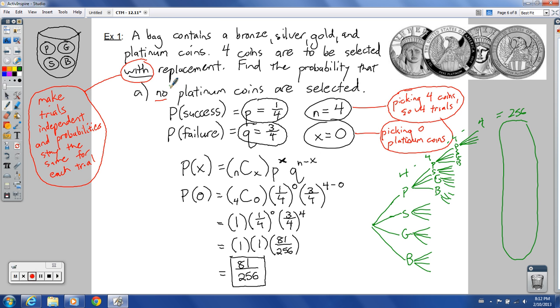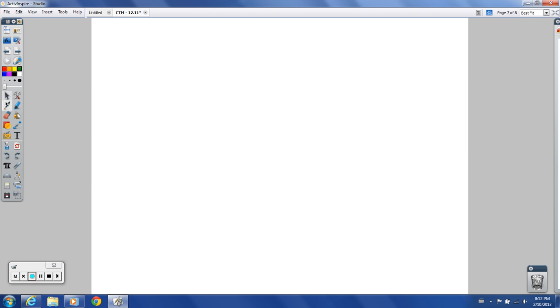And then if you had to do this for 1 coin, which is what we're about to do, then you'd have to look how many have exactly 1 coin. That's why this is so nice. It just allows us not to have to do this, or to rely on computers necessarily to figure it out for us. So we don't have to calculate the whole sample space to be able to do problems like this.